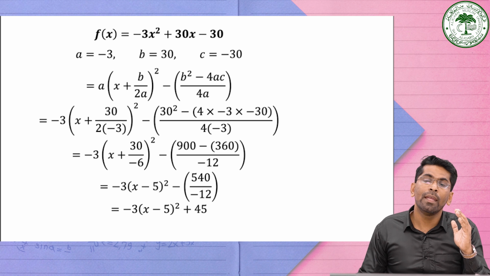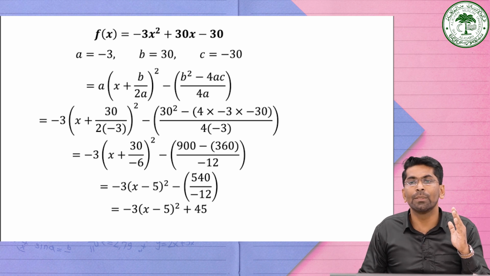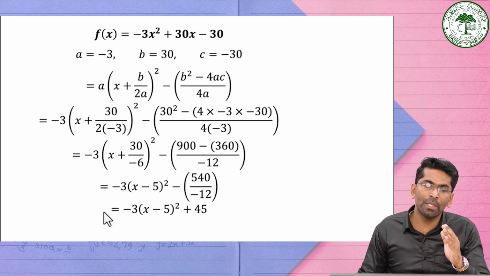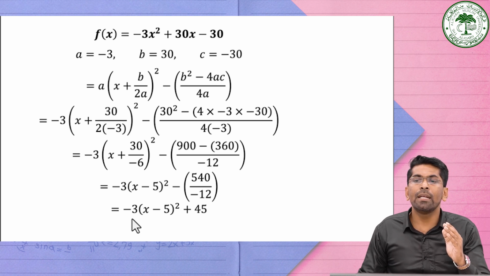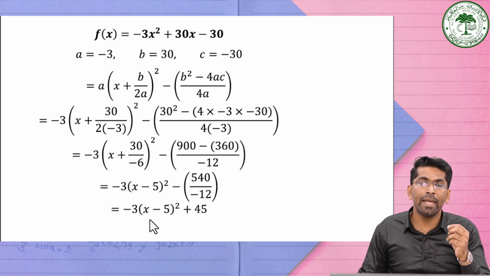And therefore, the given quadratic function has a maximum, as the coefficient of the complete square term is minus 3. The vertex of the parabola is given by the coordinates derived from the given equation, that is x minus 5 whole square, this term.